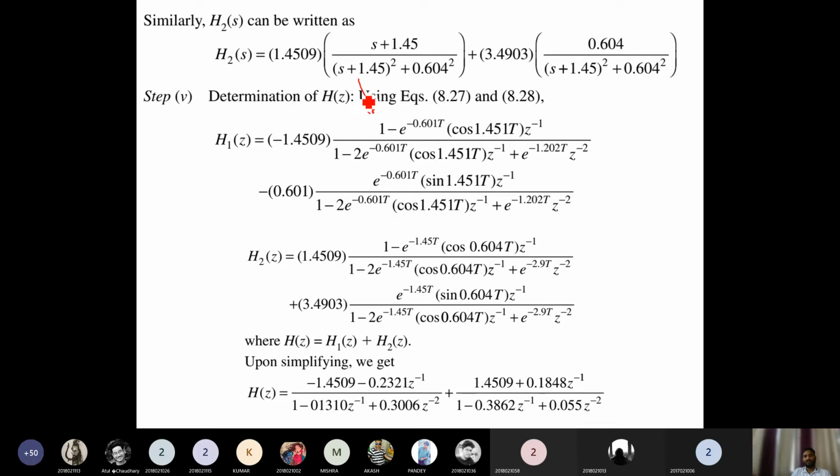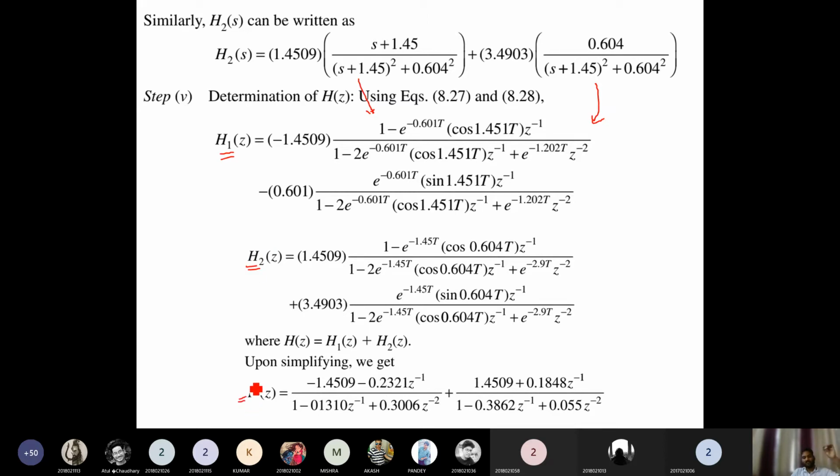Similarly, the same formula we have studied. After that we can convert each term into their respective z transform terms. After completing H1(s) and H2(s) to H1(z) and H2(z), we will be adding these two to get H of z.